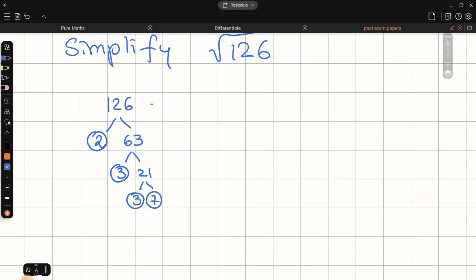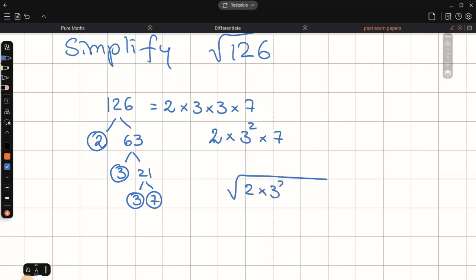So 126 is 2 times 3 times 3 times 7. So we can write this as 2 times 3 squared times 7. Now let's take the root of our answer. We can express this as root 2 times root 3 squared times root 7.